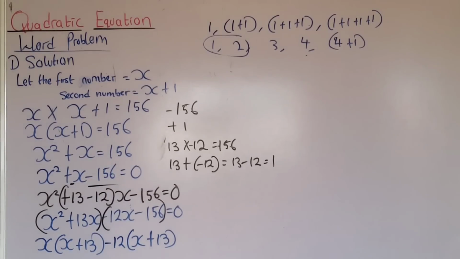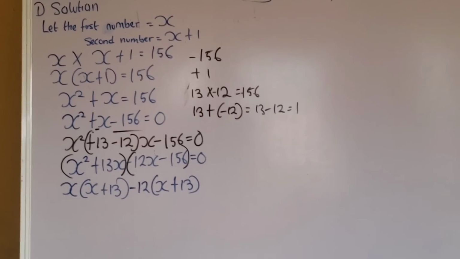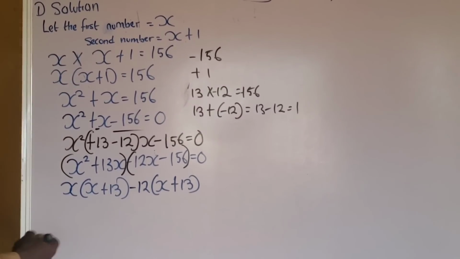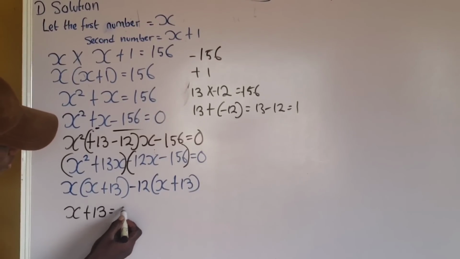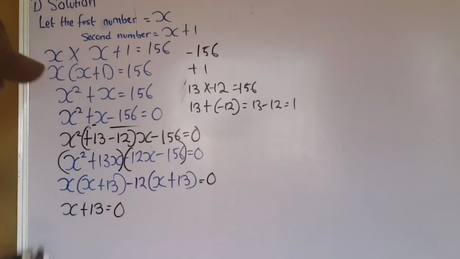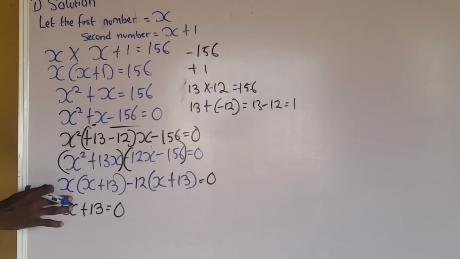So I'm going to take one bracket. For this, I'm going to have x plus 13 equals to 0. Okay, this is equals to 0. X plus 13 equals to 0. Then, now I'm going to combine the factors outside the bracket, that is x and negative 12.